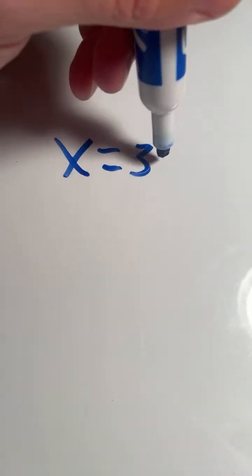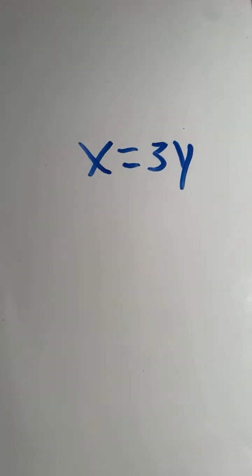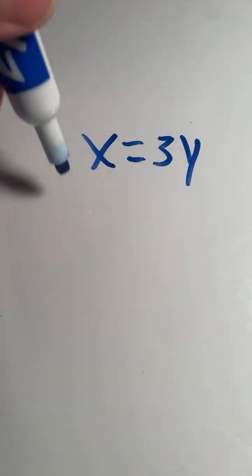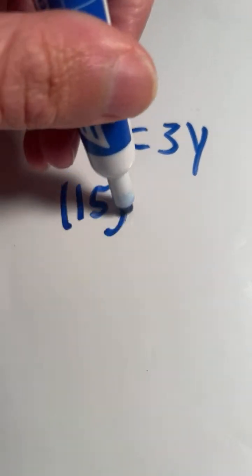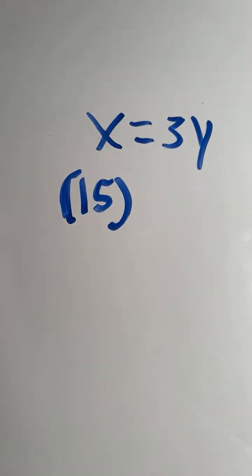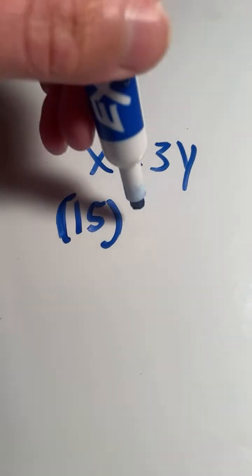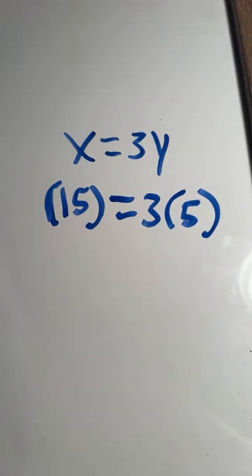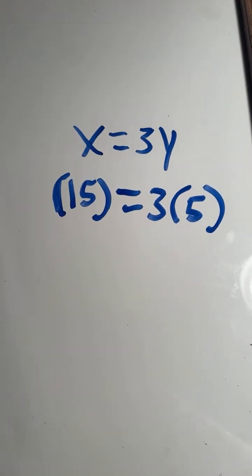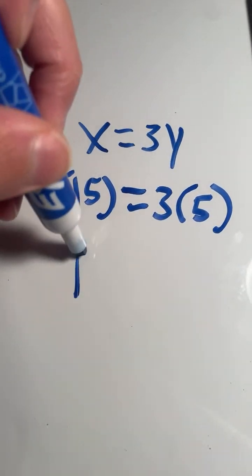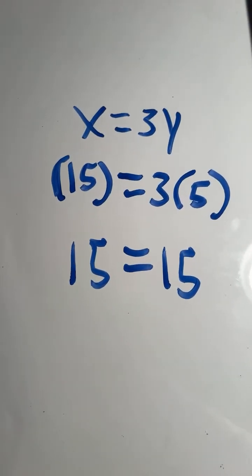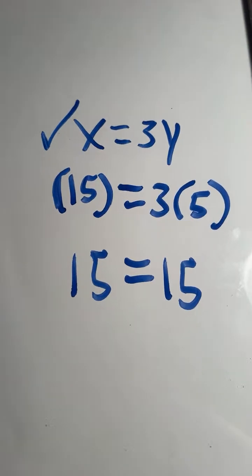So for x equals 3y, if y equals 5 and x equals 15, we'll substitute 15 for x. We'll substitute the 5 for y. 3 times 5 equals 15. 15 equals 15, that's true. So the first problem works.